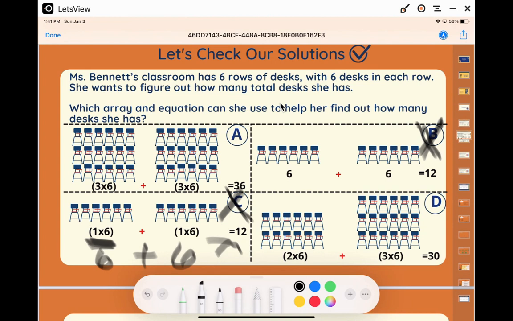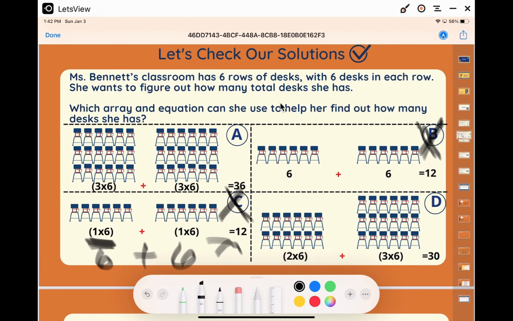Now, let's look at A and D, because one of these is going to get us to the total number of desks that Miss Bennett has in her classroom. When I look at answer choice A, I see that she has 3 rows and 6 columns plus 3 rows and 6 columns.